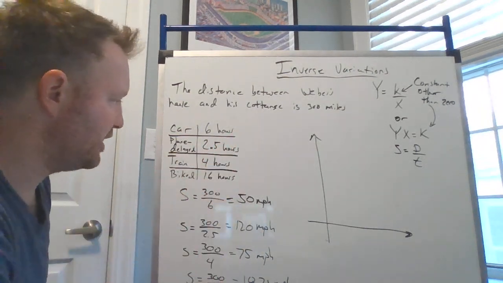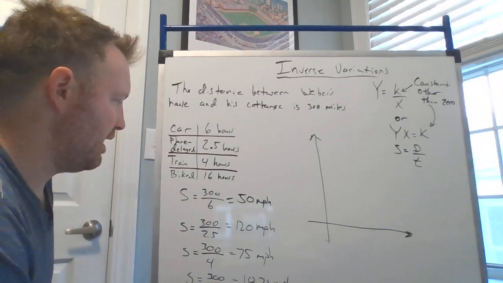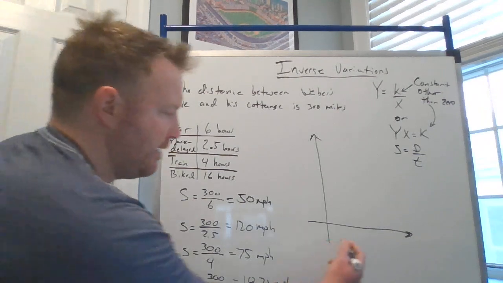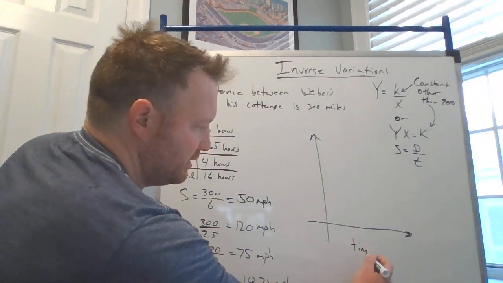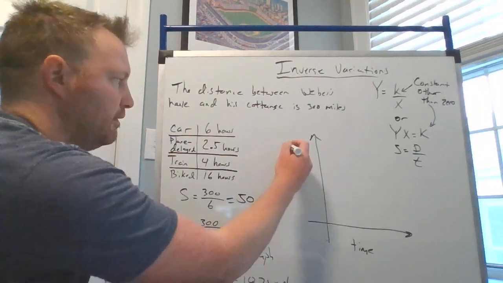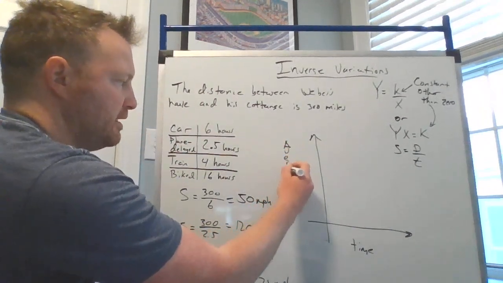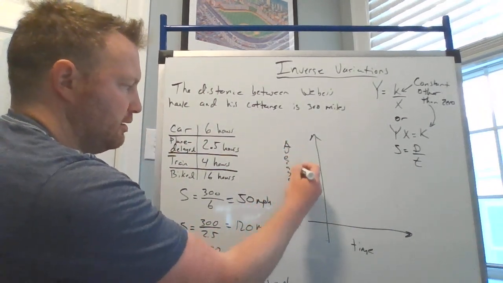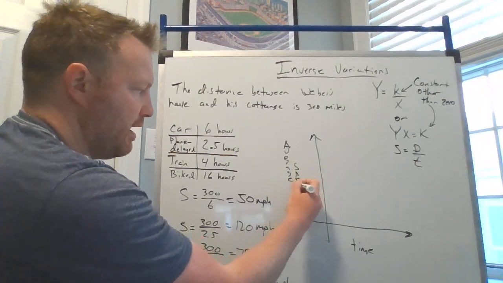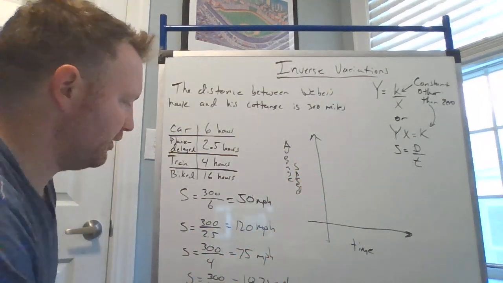These are the two variables that are changing constantly, so let's do this. I will put the time down here because that's my independent variable, and my average speed on my y-axis because that's my dependent variable.